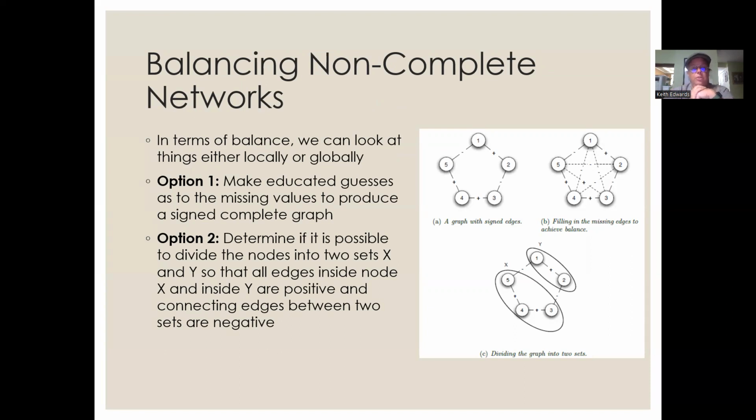And then option 2, determine if it's possible to divide the nodes into 2 sets X and Y so that all the edges inside group X and inside group Y are positive, and connecting edges between the 2 sets are negative. These 2 methods are equivalent by the balance theorem. We can use either way of determining or setting up the balancing of the network, depending on what's convenient.